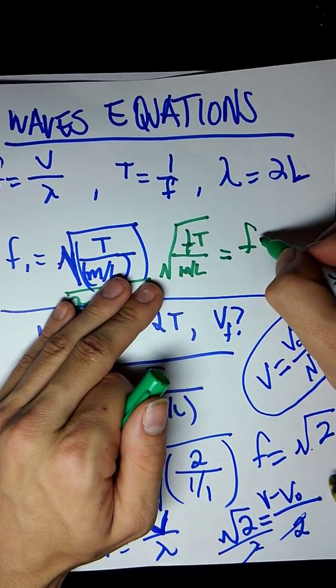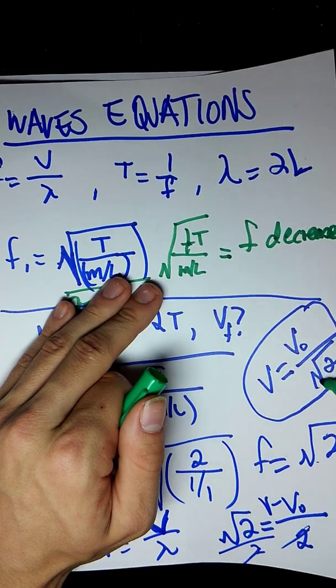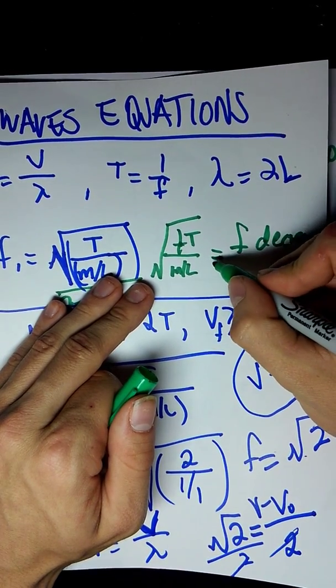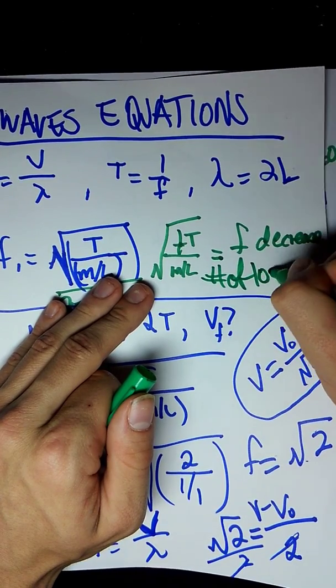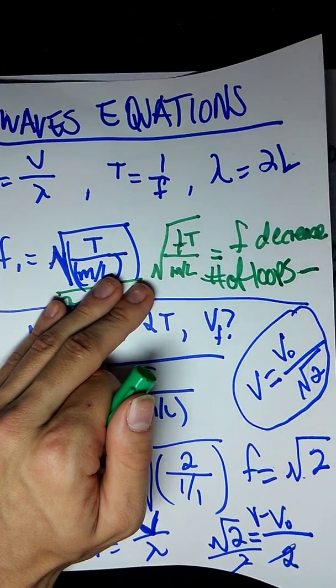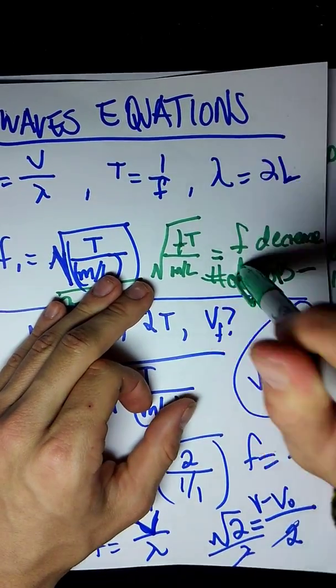Frequency is going to decrease, okay? And if frequency decreases, the number of loops also decreases. So interestingly enough, the number of loops will decrease if I apply more tension, because the frequency decreases.